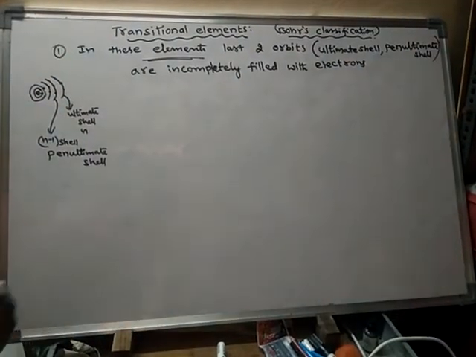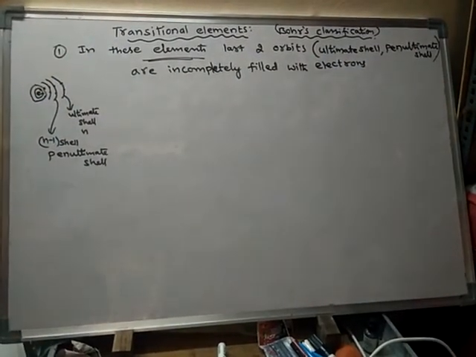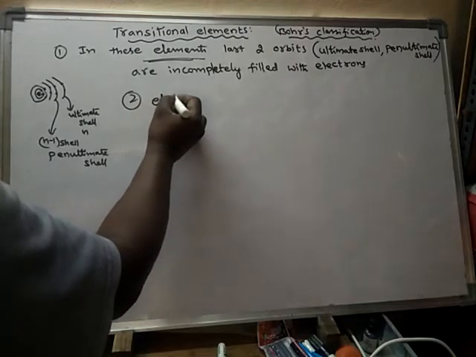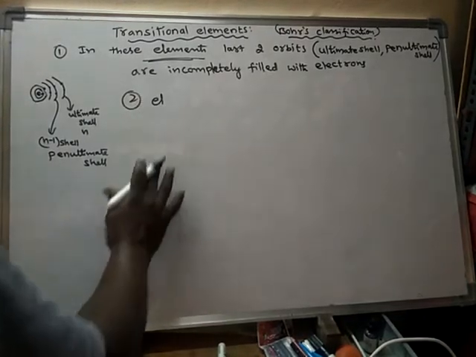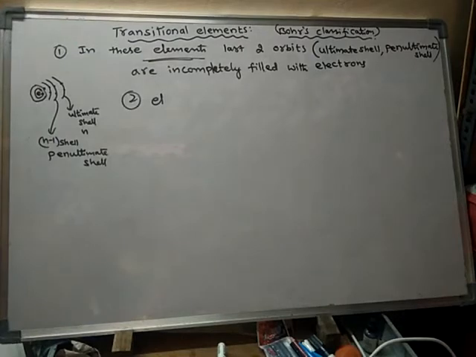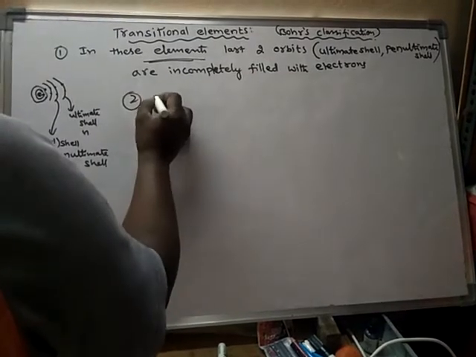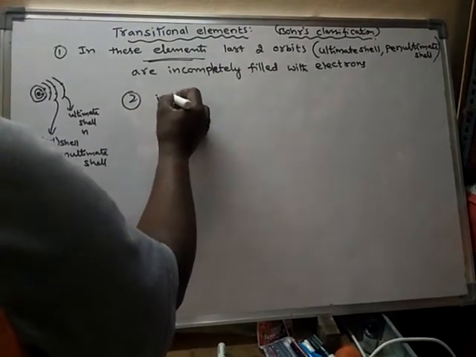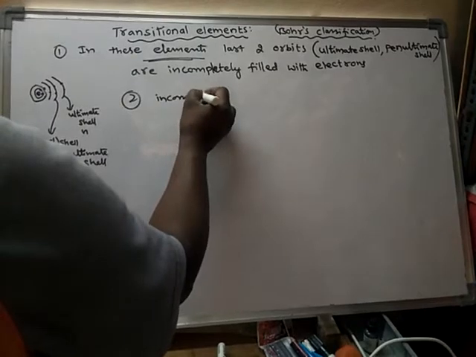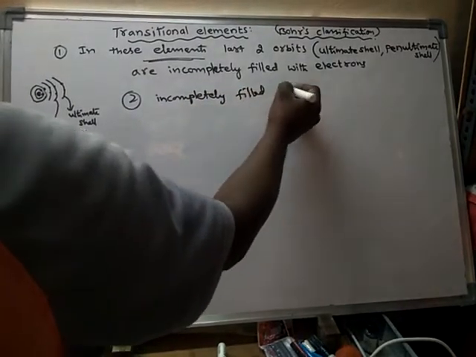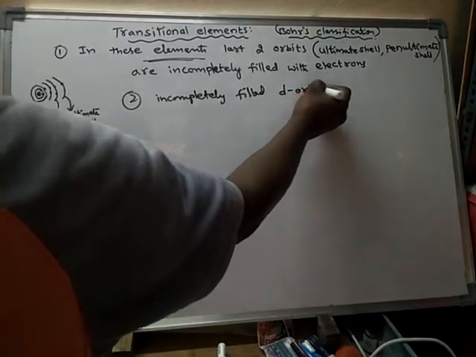Next, these are elements which have incompletely filled d orbitals.